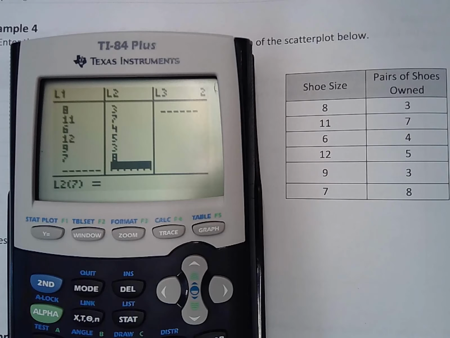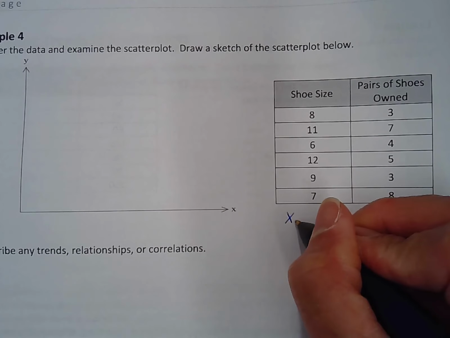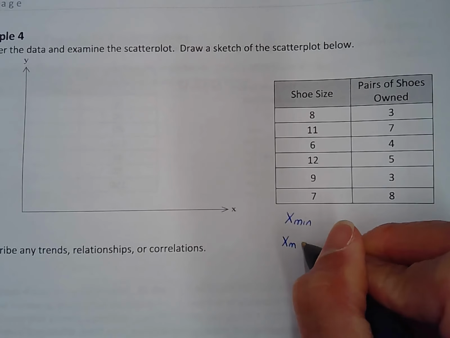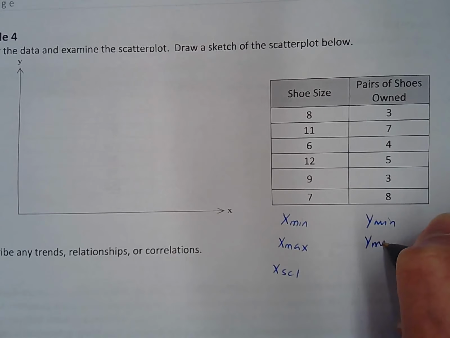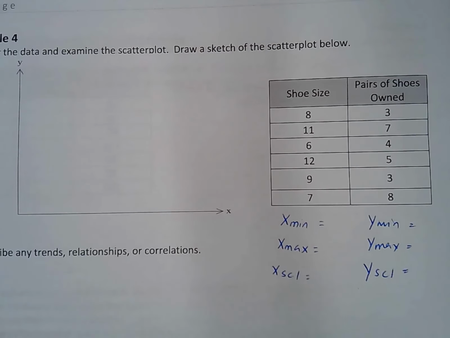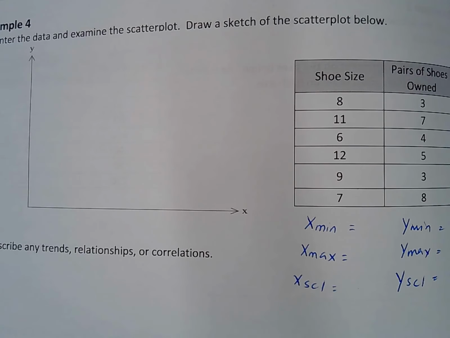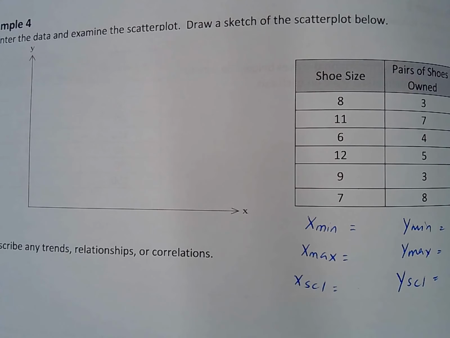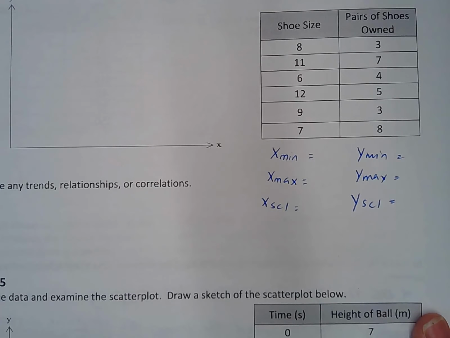Given that information, let's figure out what our X information is. What do you think we should put for X min, X max, and X scale?